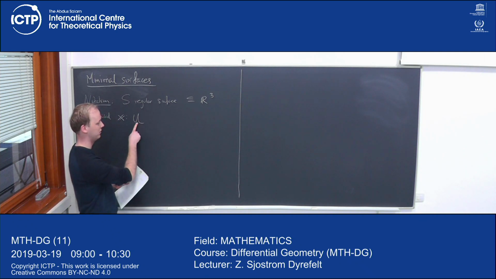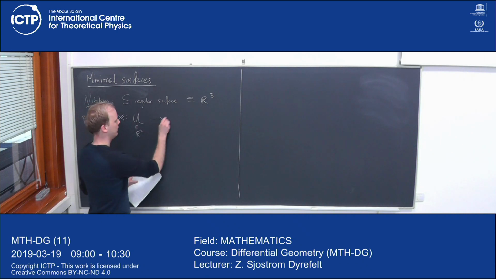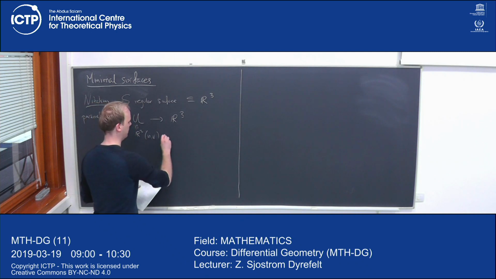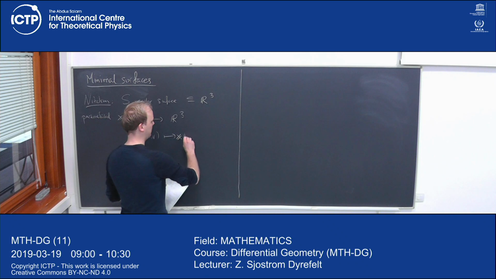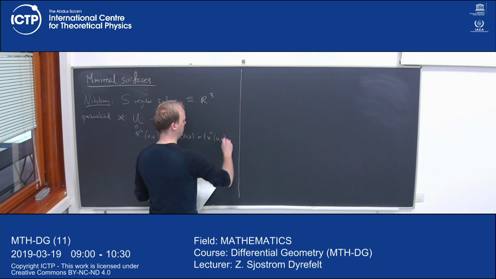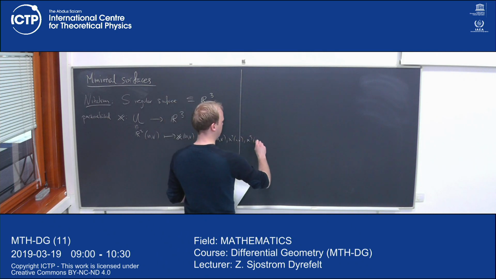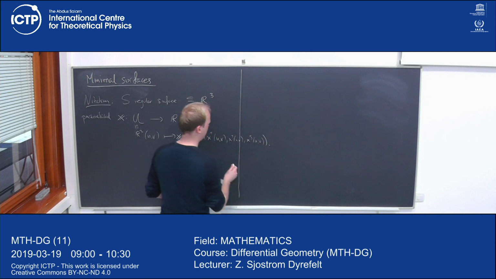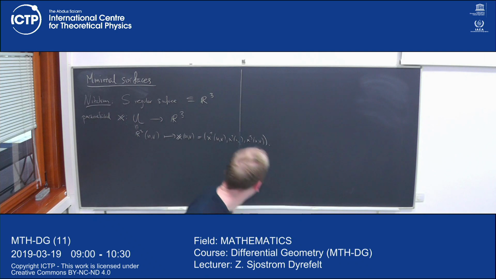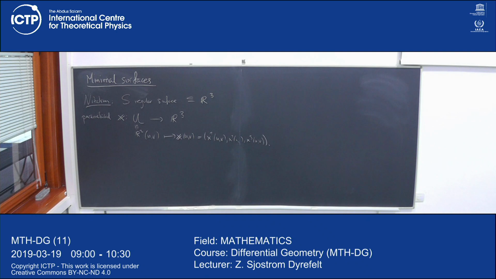Parametrization from U, which is an open set in R2, into R3, and this sends the coordinates UV to X of UV, which is simply the vector X1(UV), X2(UV), X3(UV). Okay, so let's freeze this one. So this is, I think, standard notation.